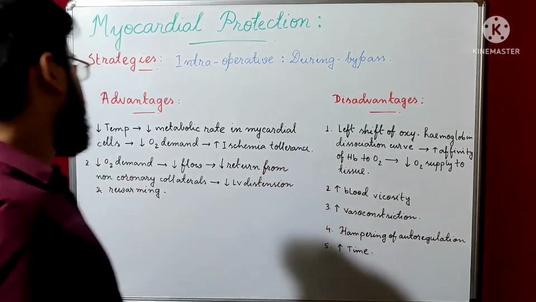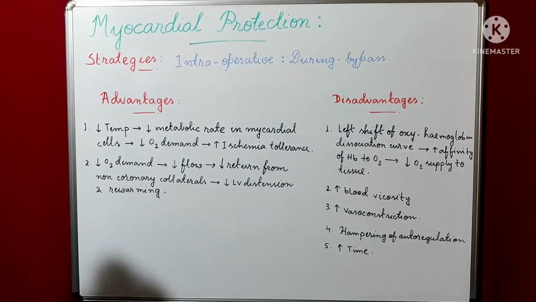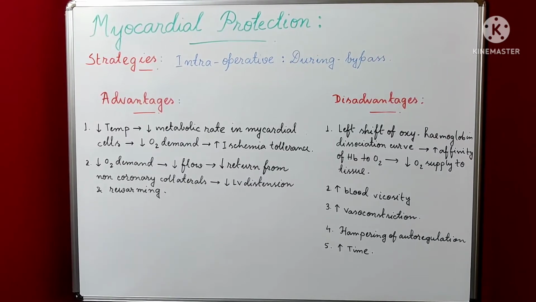So these are the advantages and disadvantages of hypothermia. In advantages, first point, hypothermia reduces the metabolic rate in myocardial cells. So obviously if the rate of metabolism in myocardial cells is reduced, then the oxygen requirement will be reduced.